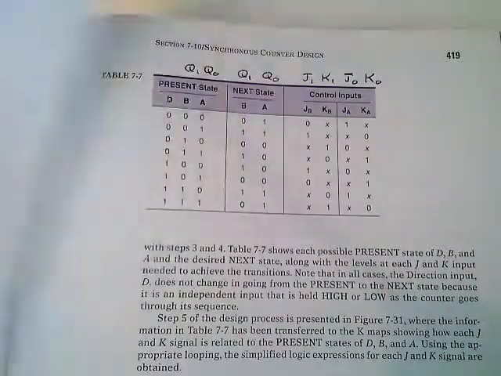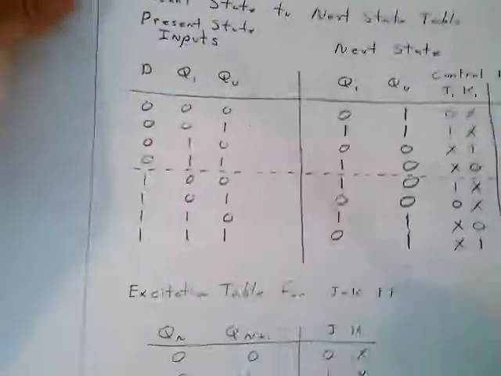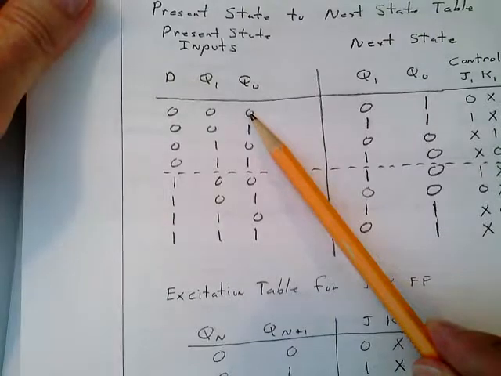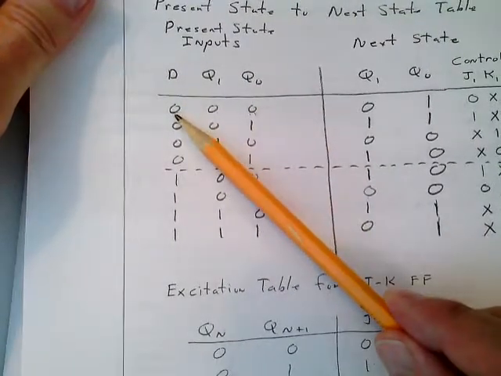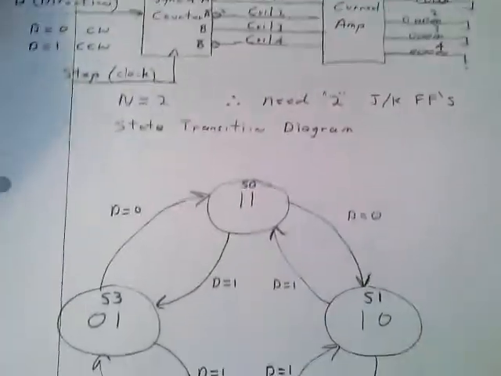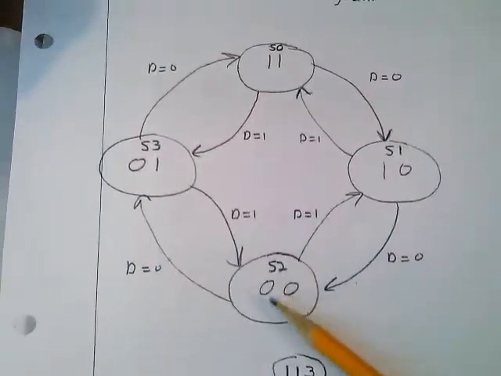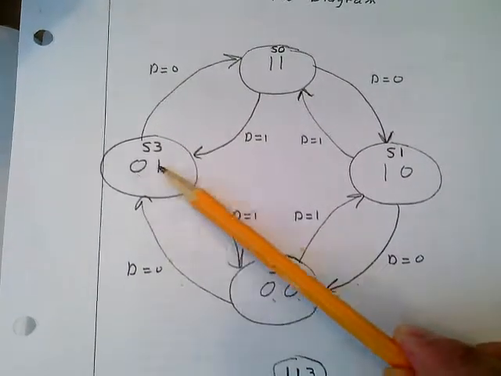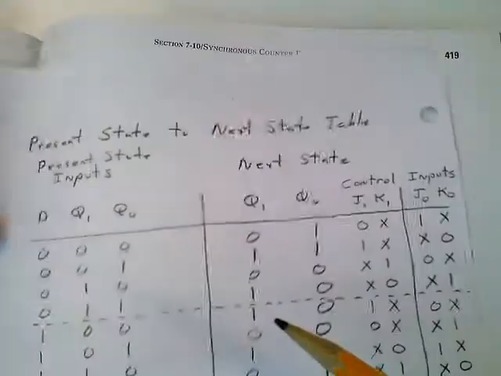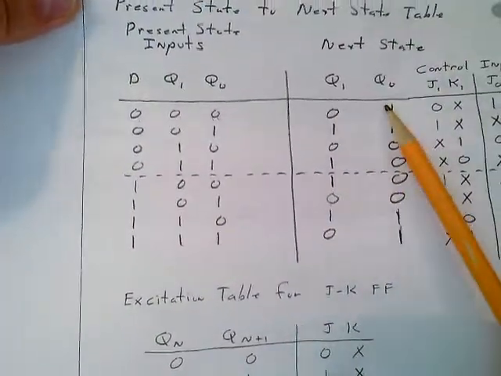So if you notice here, if we're in state 0, 0, 0, and the direction input is 0, what's the next state we go to? So you go back here and you look. When you're in state 0 and the directional input is 0, you go to state 0, 1. So you put that in your map. You put that in your table. You go to 0, 1.